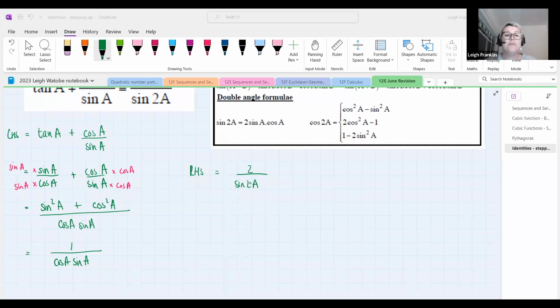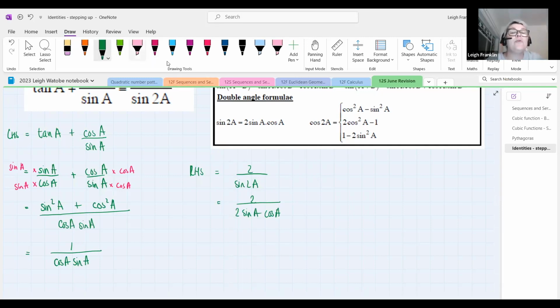Okay, so you said work on the right-hand side. So working on the right-hand side, there's obviously nothing that we can do with 2. What are we going to do with sine 2a? Okay, so we're going to make it into 2 sine A cos A, quite right.